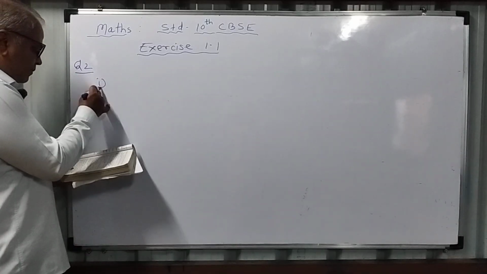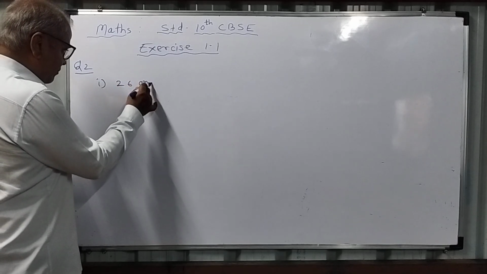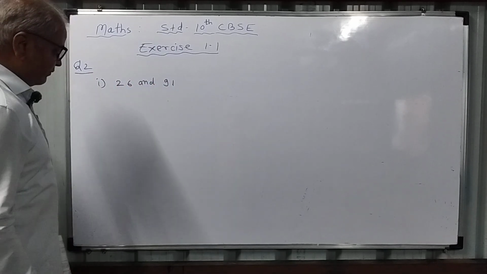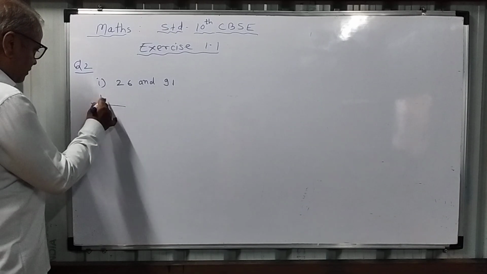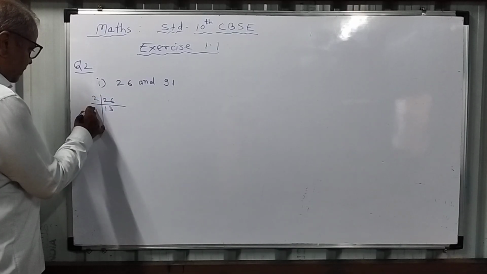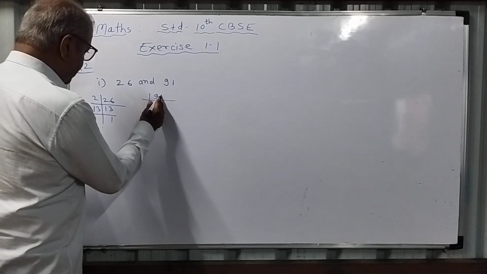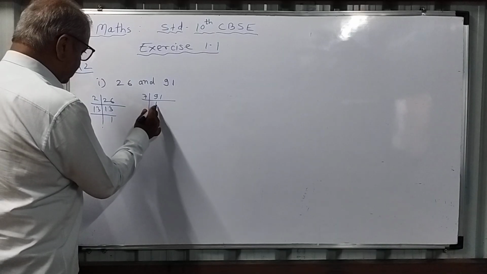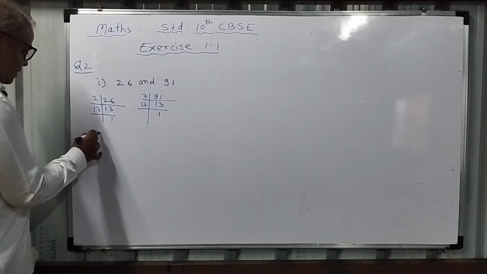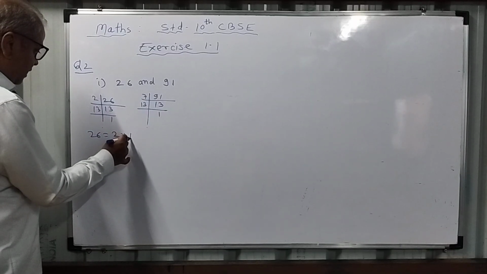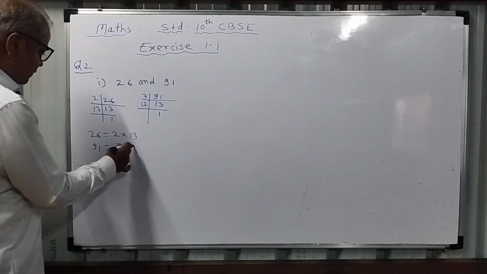First is 26 and 91. First find the prime factors by the ladder method. 26: 2 ones are 2, 2 thirteens are 26, 13 ones are 13. So 26 is equal to 2 into 13, and 91 is equal to 7 into 13.